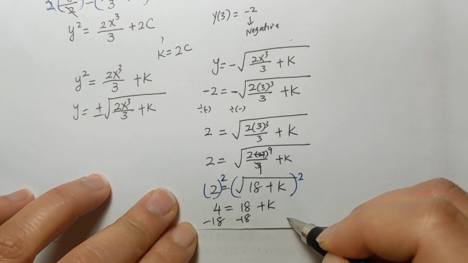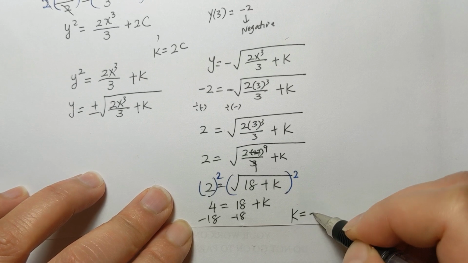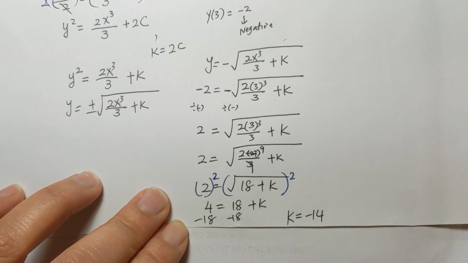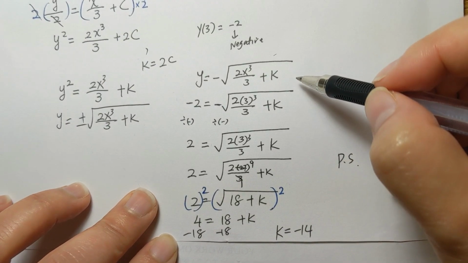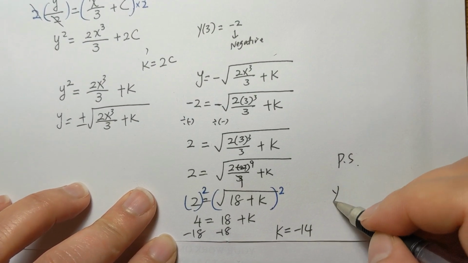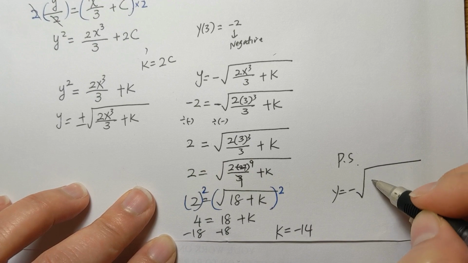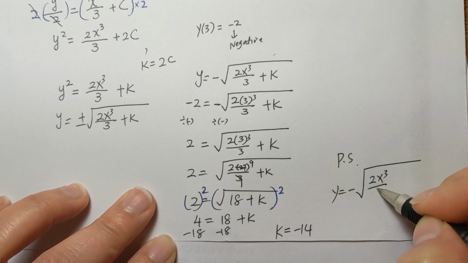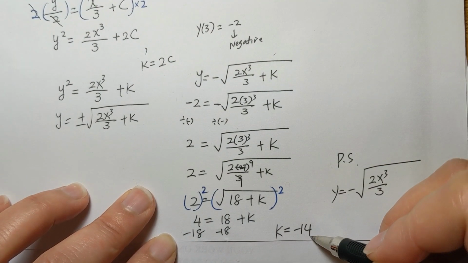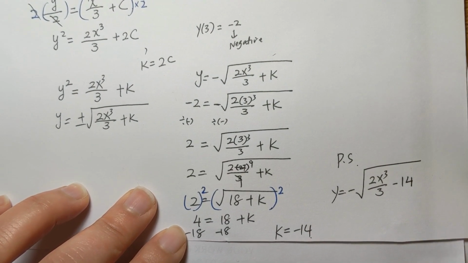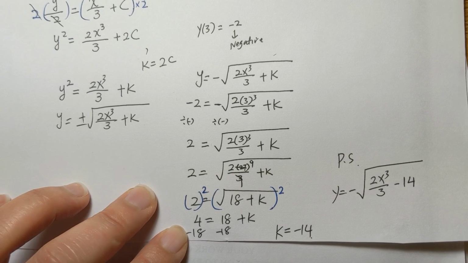Minus 18. So we got k equal -14. So very last step. Because we used the negative branch, you have to copy the negative branch. So you get 2x cubed over 3 plus k. k is -14, so minus 14. So we finished the question.